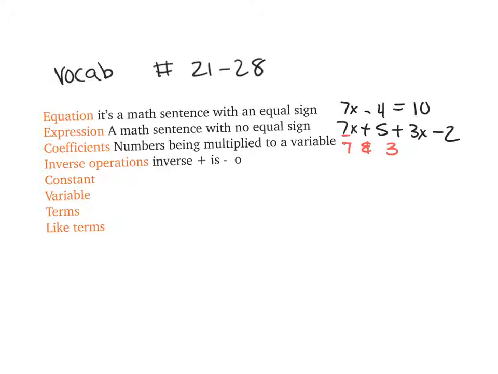The inverse of multiplication is division. So these are the operations that undo each other. So if I was to ask you 7x minus 4 equals 10, when I add 4 to both sides, that is using the inverse operation.